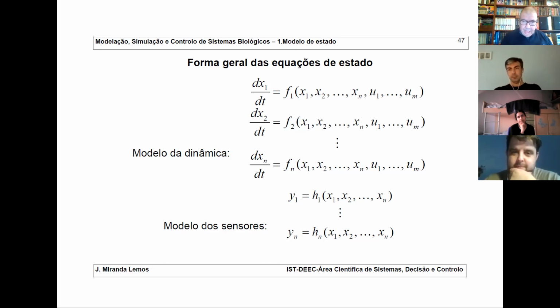And I placed here our main tool, the state model. If you are able to write equations with a number of state variables, x1 up to xn, and the derivatives of each of these variables is equal to some function of the states, perhaps of exogenous variables u.